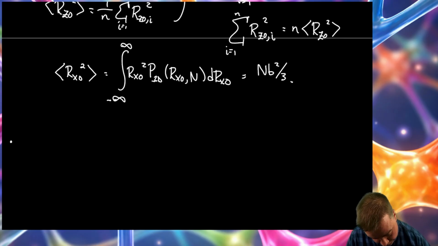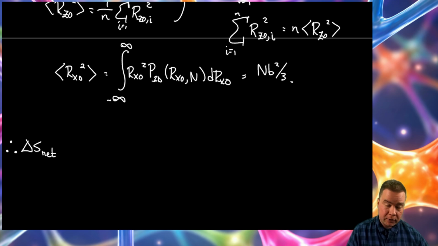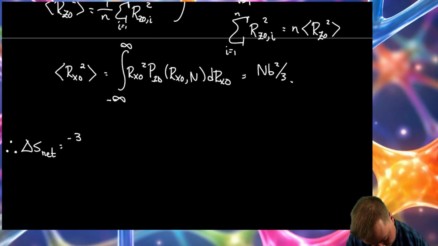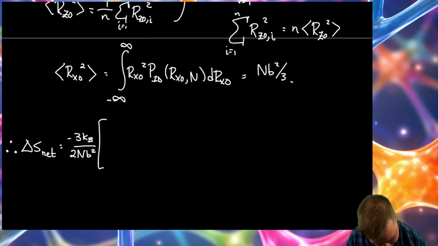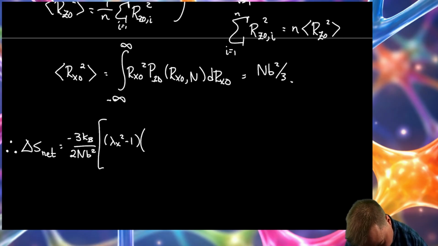So therefore, the change in entropy of our network, which is giving the mechanical response, is going to be, when we add everything up, minus 3 kb over 2nb squared, multiplied by lambda x squared minus 1, multiplied by n over 3.